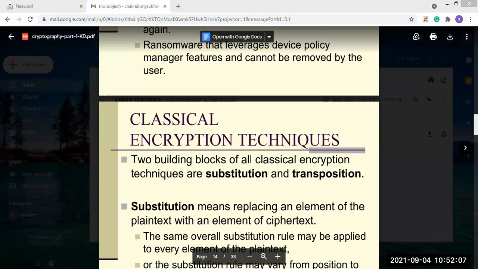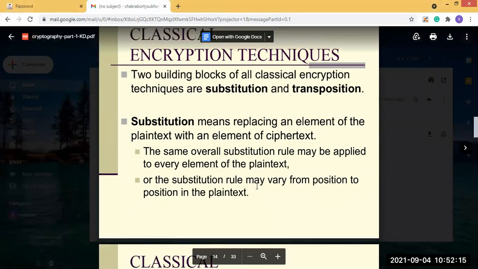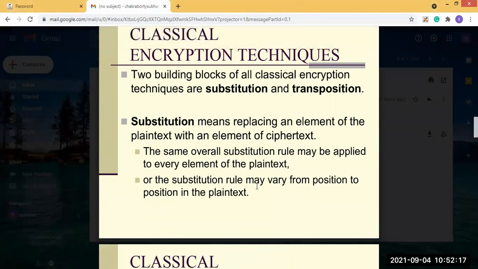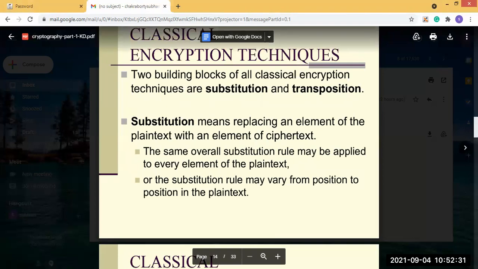Or the substitution rule may vary from position to position in the plain text.